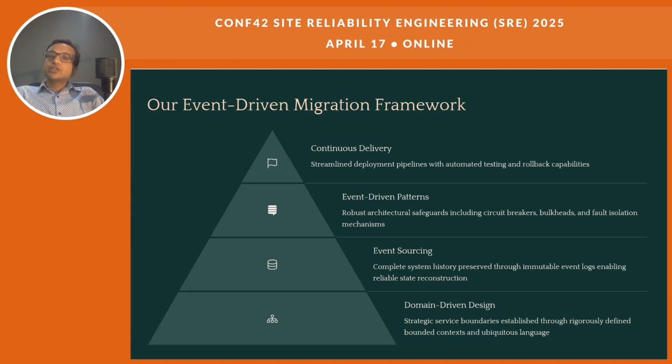Next comes event sourcing. Event sourcing is a technique that preserves the entire system history through immutable event logs, allowing every change to be logged and recorded. These logs are invaluable for reliable state reconstruction, making the system robust and fault tolerant by enabling precise recovery of the system state at any point in time.